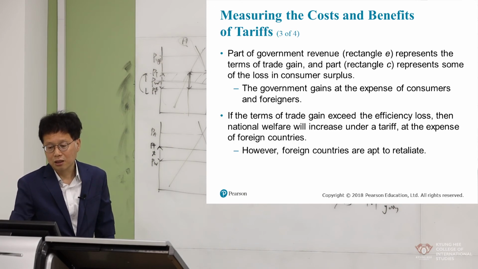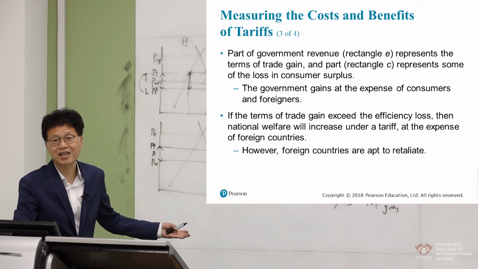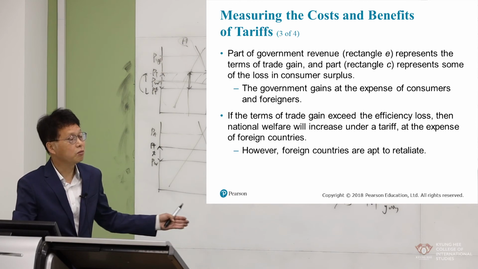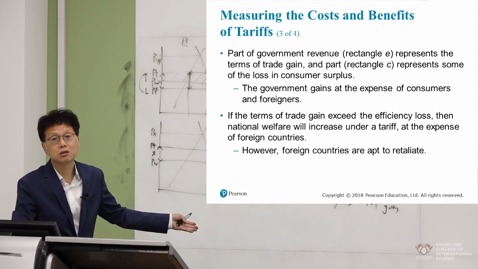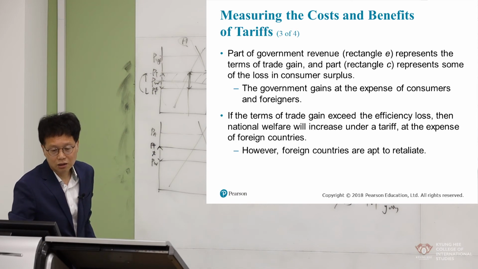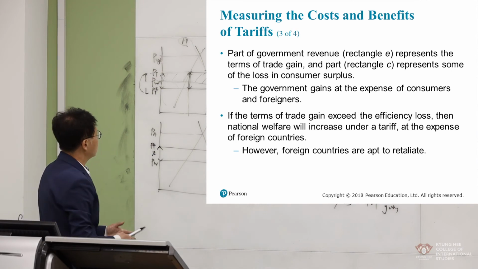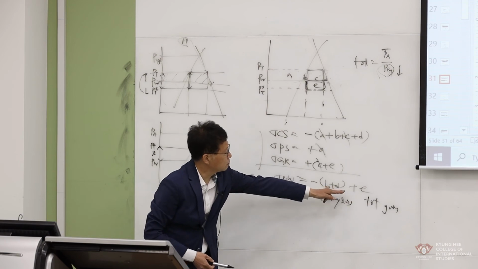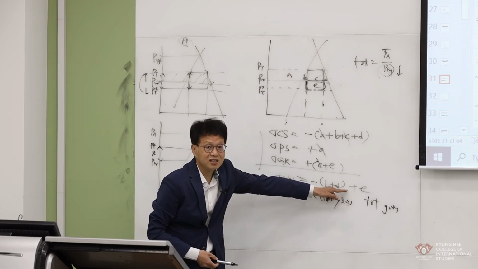Can you understand? So that is explained here. However, foreign countries are apt to retaliate with the same measure. Then what happens? Home and foreign both become losers. So that kind of thing happens when large countries introduce tariffs.